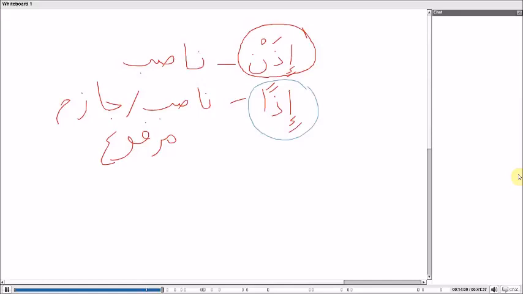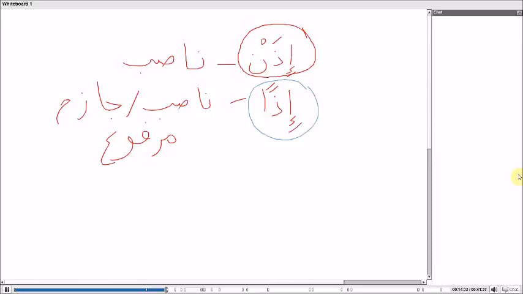But I can use this idhin that's circled in blue in place of the idhin in red. But I can't always use the red one in place of the blue one. Is that understood? So idhin in the red is an answer. It's called jawab. Harf jawab.